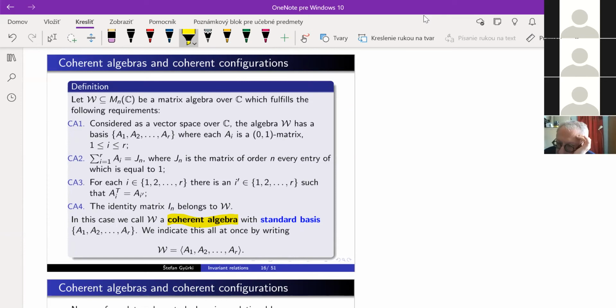So let us take a matrix algebra over the field of complex numbers, and we will require that this algebra has a basis of 0-1 matrices. So this is axiom 1.